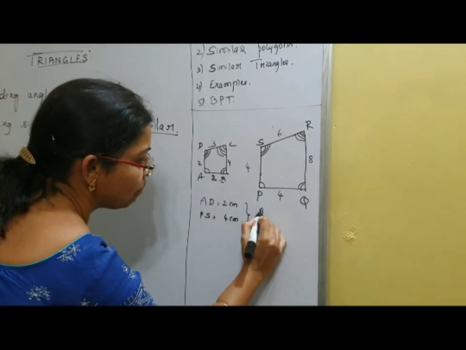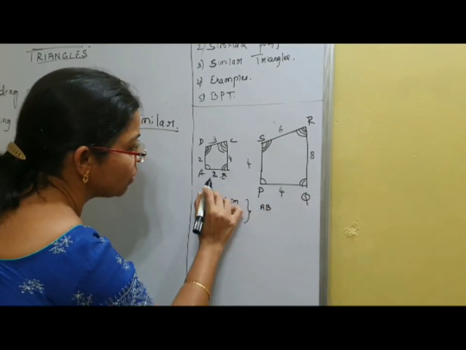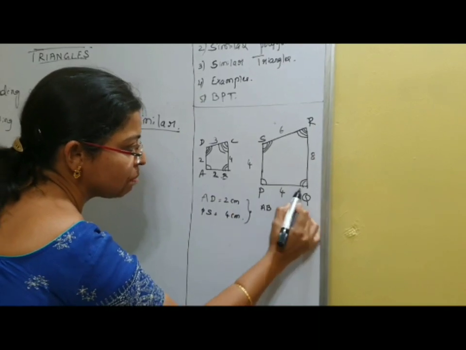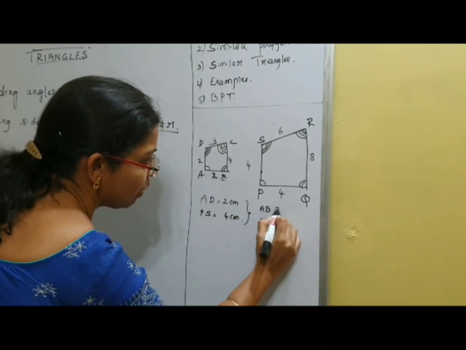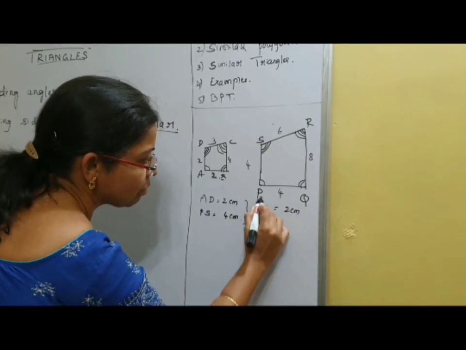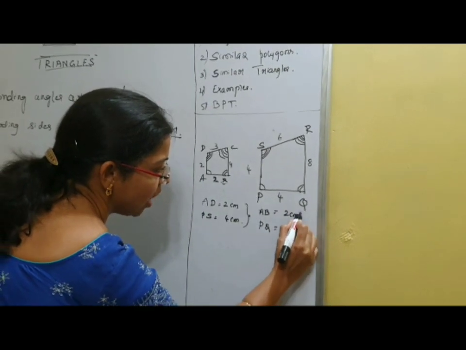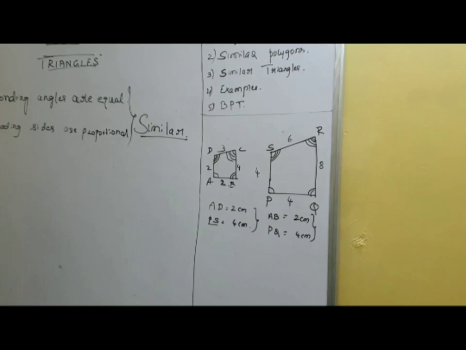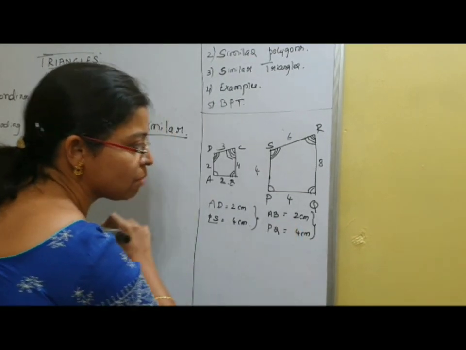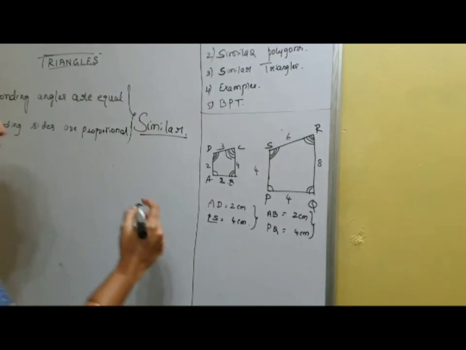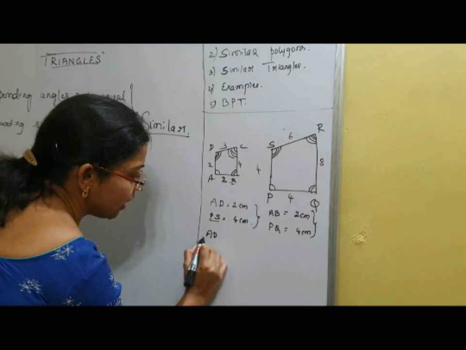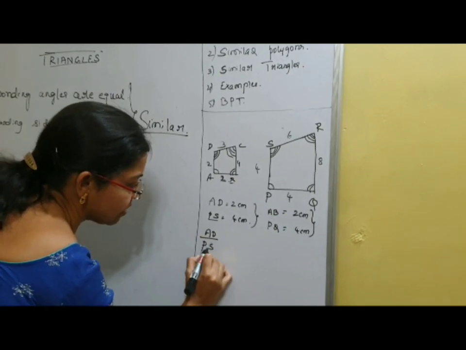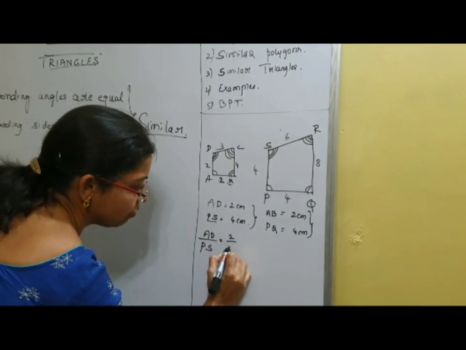What about AB and PQ? The corresponding side for AB is PQ. AB is 2 centimeters, whereas PQ is 4 centimeters. How is it enlarged? PS is 2 times bigger than AD. PQ is 2 times bigger than AB. How do we say that? If you put them in the ratio, AD by PS is 2 by 4.